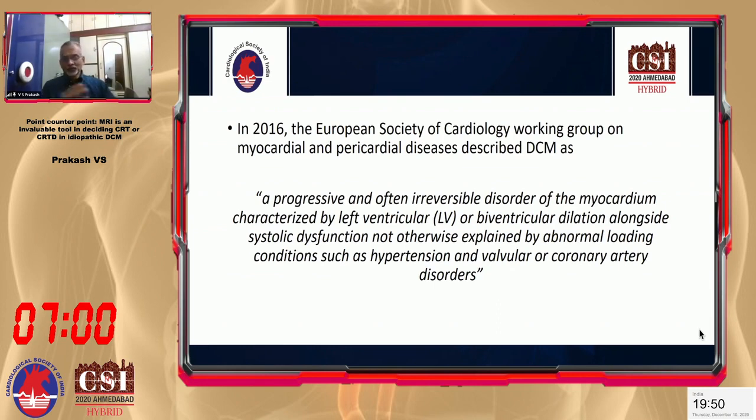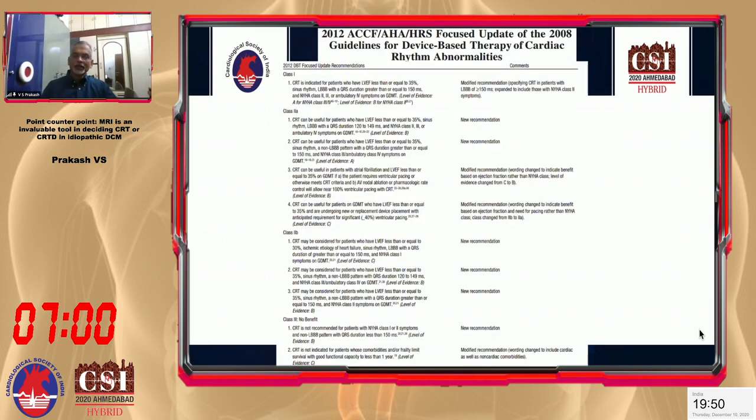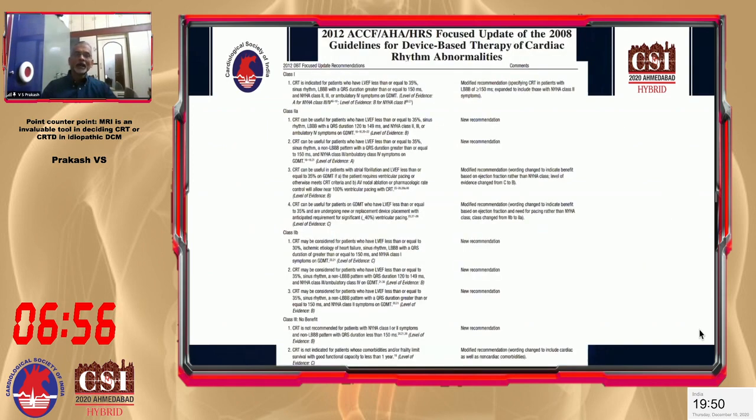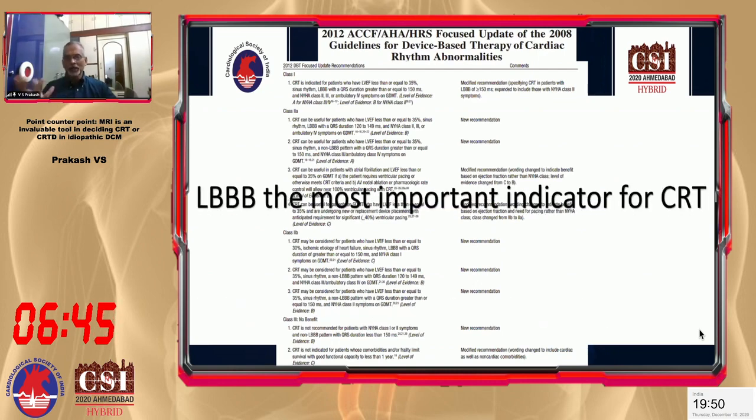that yes, we are dealing with idiopathic dilated cardiomyopathy when we know we are dealing with something which is not explained by abnormal loading conditions, hypertension, valvular disease, or coronary artery disease. All those are excluded. If you look at the latest guidelines, the most important indicator for implanting a device, a CRT or a CRT-D, is left bundle branch block with wide QRS.